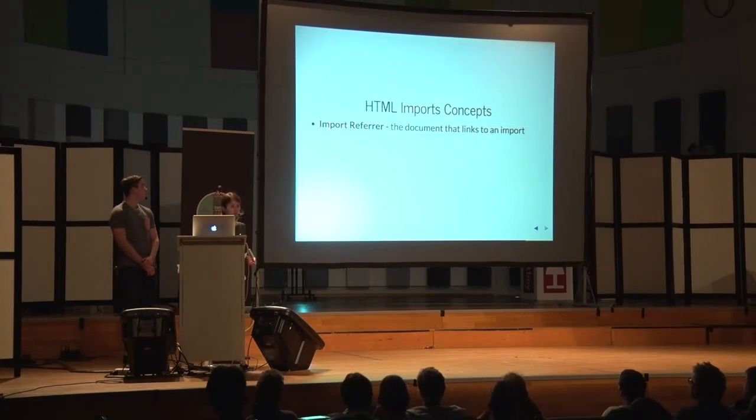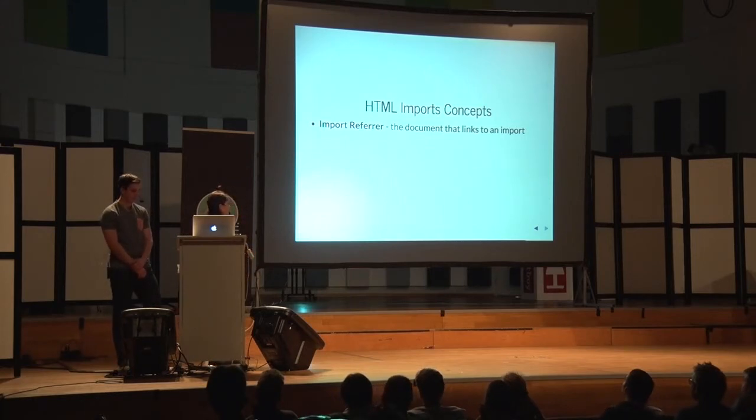There are a few important concepts, just like with shadow DOMs, a few terms. The first one would be the import referrer, and that is basically the document that links to the import. So, for instance, in our case, if we declare this link in our index.html, then the referrer will be the index.html document.